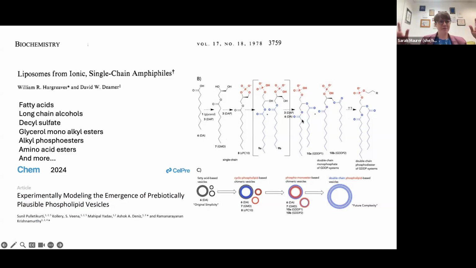And this is kind of the grand hypothesis that eventually we somehow get to these perfect phospholipids for making cell membranes. So the question that I'm trying to answer is, how do you get decanoic acid or a single chain amphiphile to form a stable membrane at the origin of life if it is really a very simple vesicle?